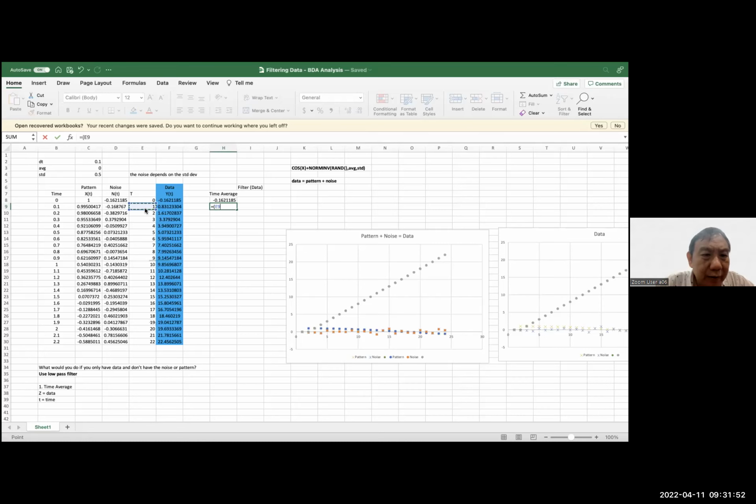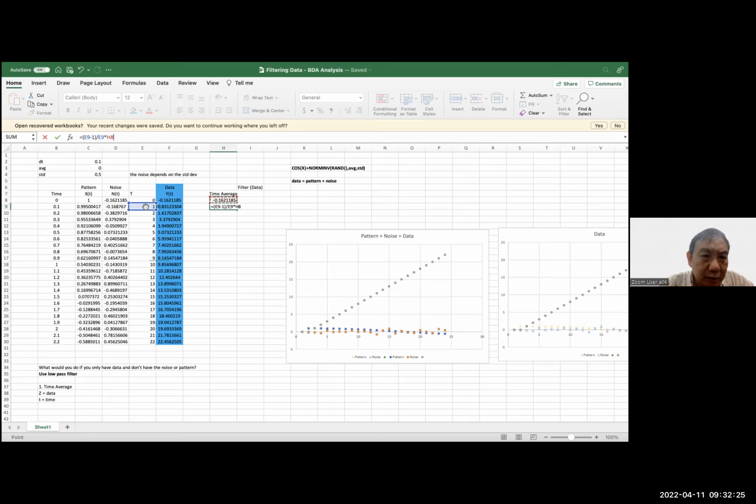E9 minus 1 divided by E9, multiplied by the previous time average, which is 8. No, the previous time average is 8A. Yes, correct.